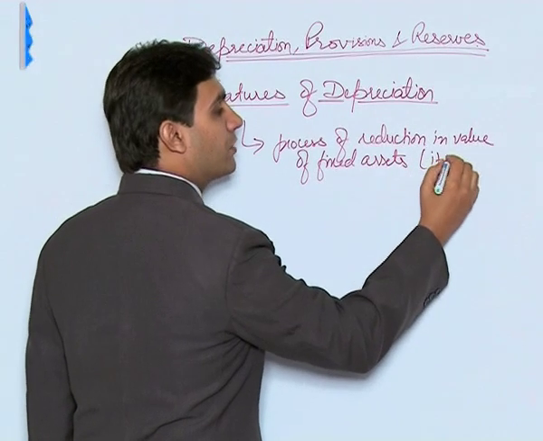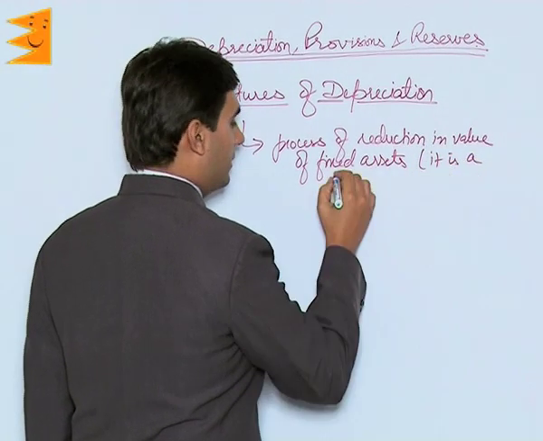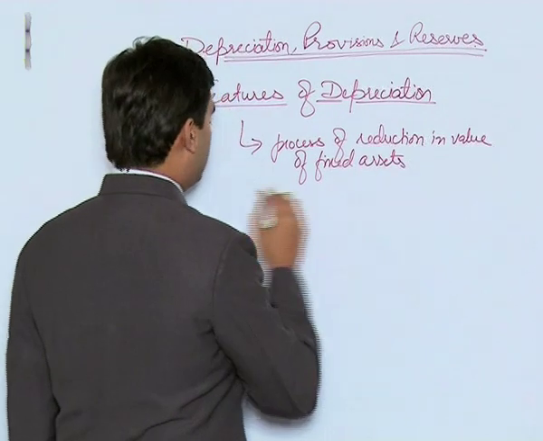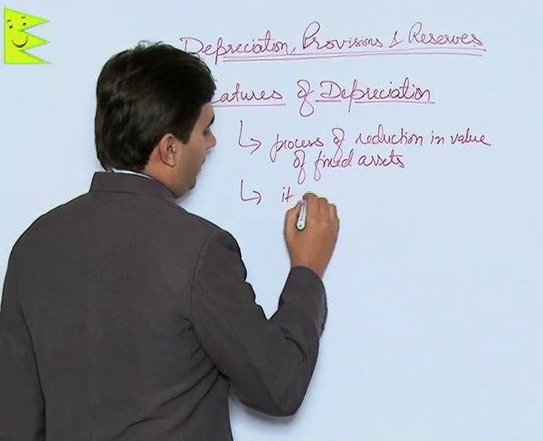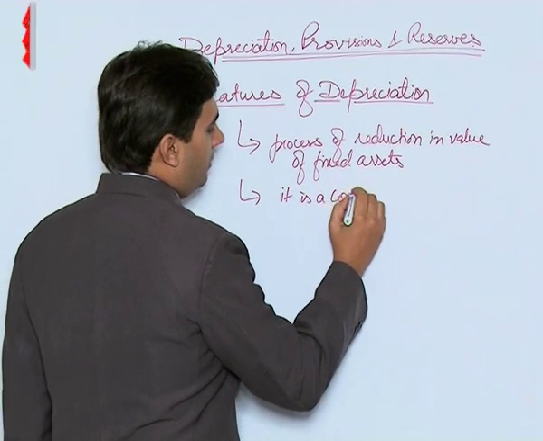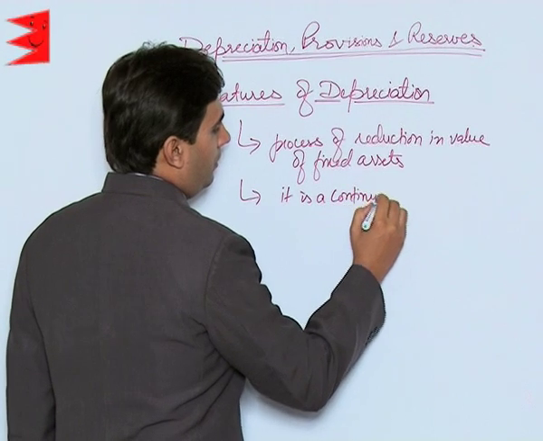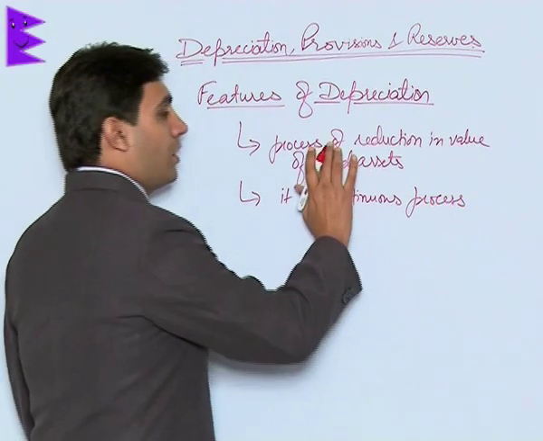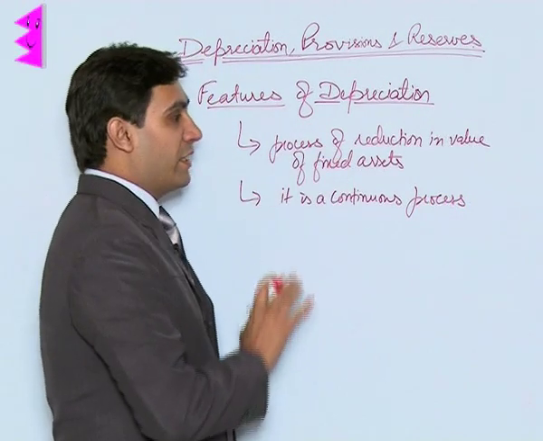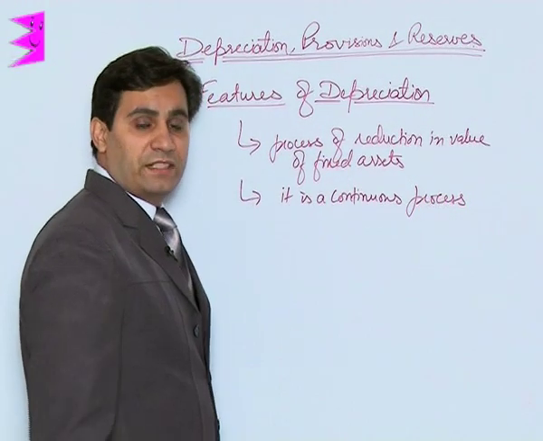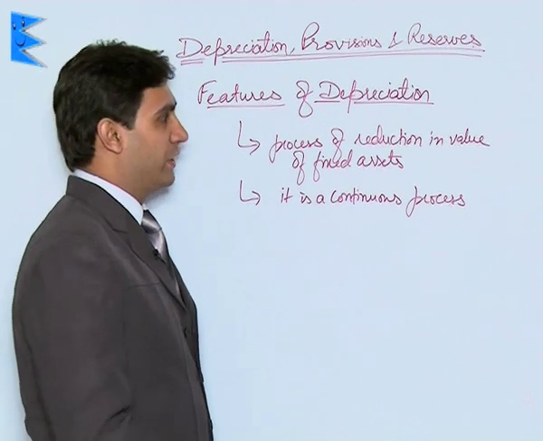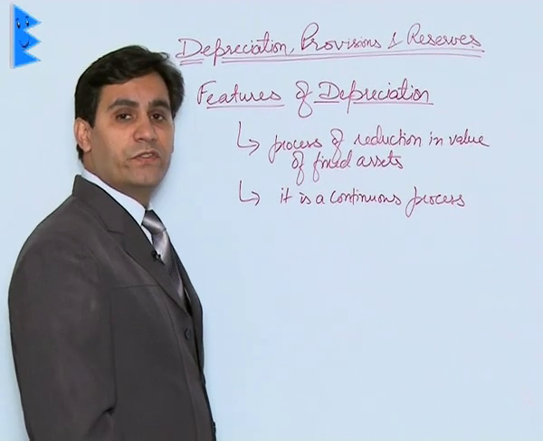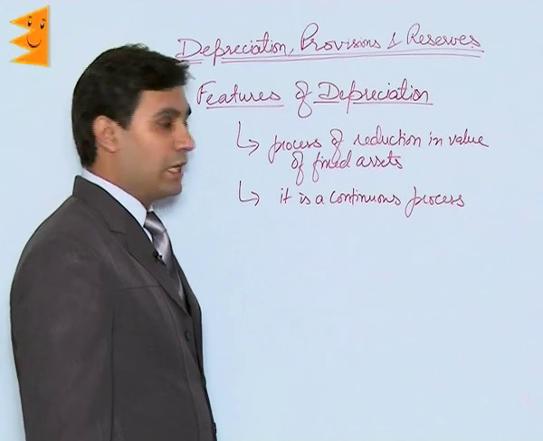And it is a continuous process. We will take it as the second feature. Now students, depreciation is a process of reduction in the value of fixed assets. We have just understood through its definition that when we use fixed assets, their value goes down.